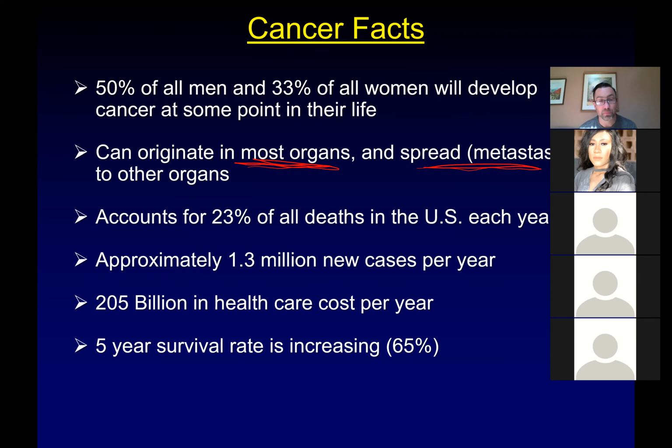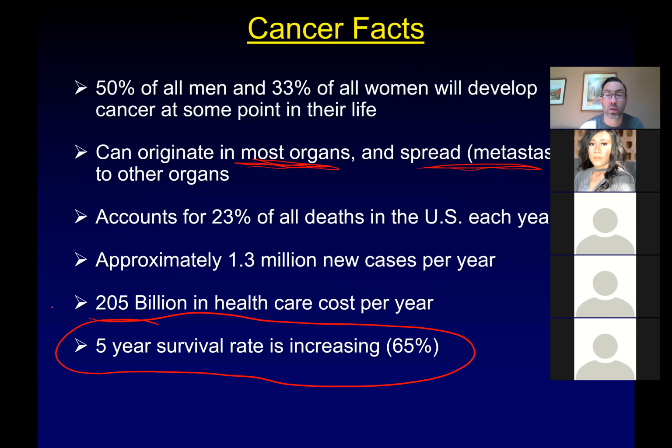The good thing, though, is that cancer survivorship is measured in the number of years post-diagnosis that you continue to live, typically in 5-year buckets. The 5-year survival rate, the number of people who will live an additional 5 years after diagnosis, is increasing, and it's up to about 2/3 of people diagnosed with cancer.